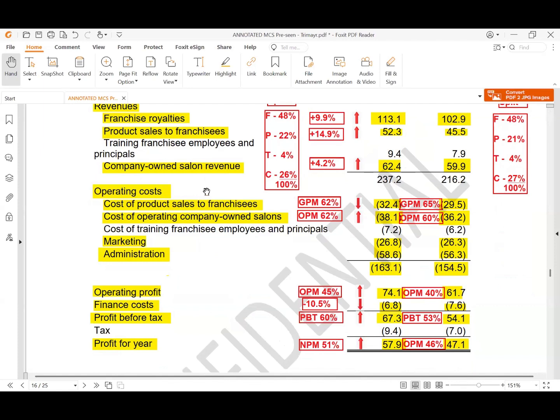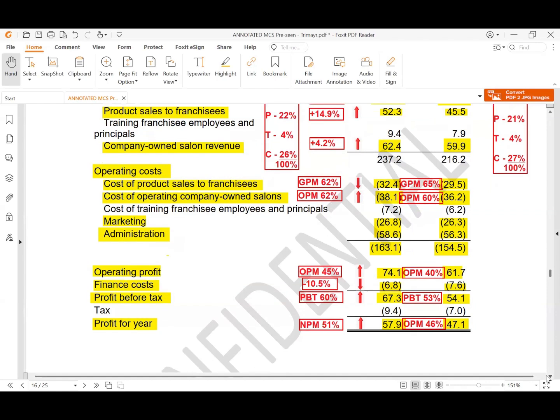So I'm looking at the margins between them. I've said here cost of operating company-owned salons versus company-owned salons revenue. So I call that OPM. So you get the drift of it. Now remember, these are the sorts of little stats here and there, little numbers that I like to see used if we get the chance to, or if we get a direct question, okay?